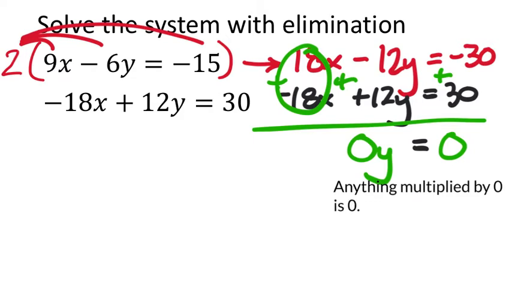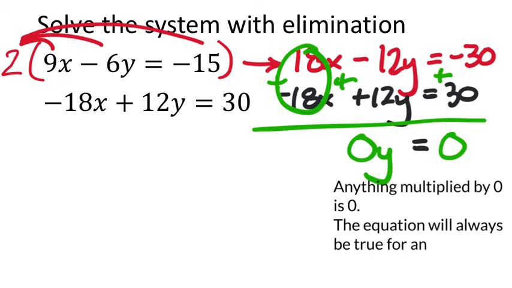So what I've just written there, it's telling us that it doesn't matter what you replace y with, you're always going to get 0. And what we see here is that the statement tells us that the equation will always be true. That's for any y value, okay?